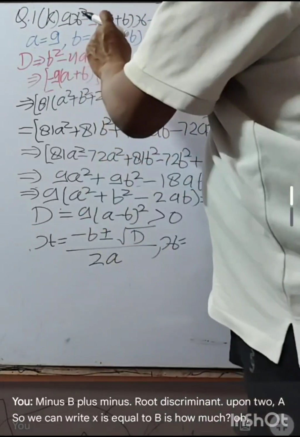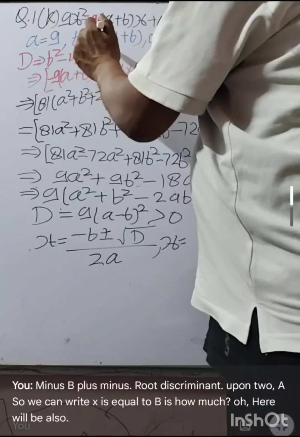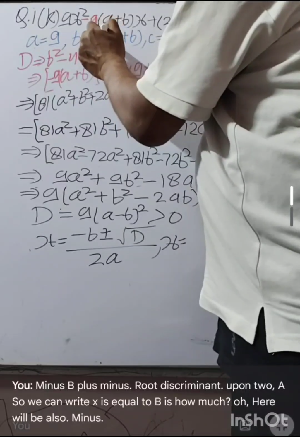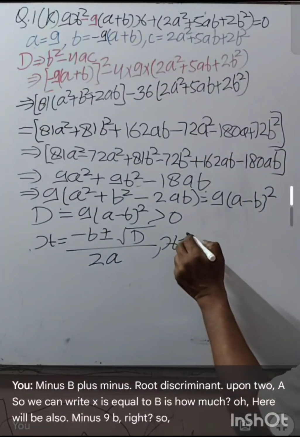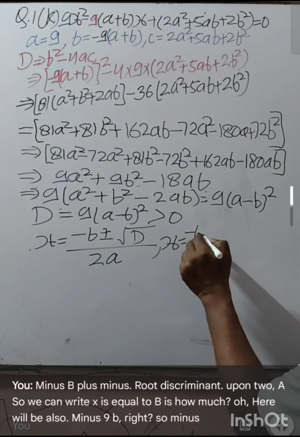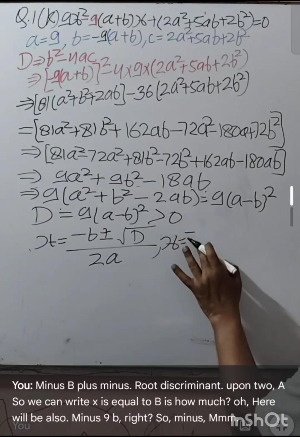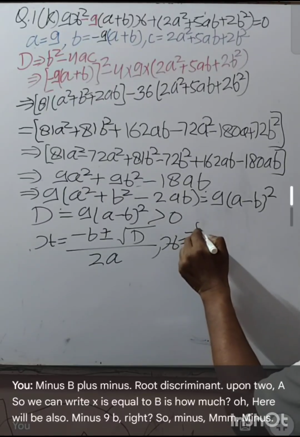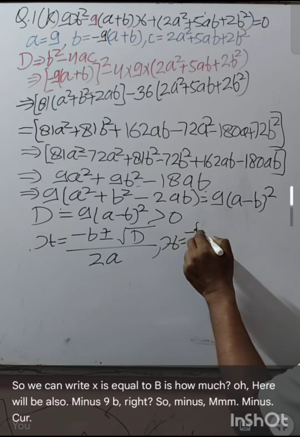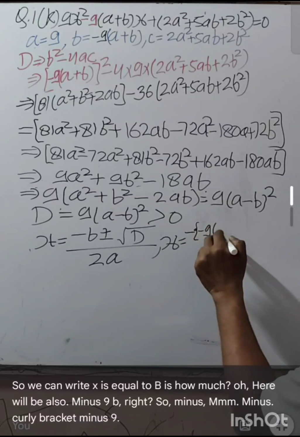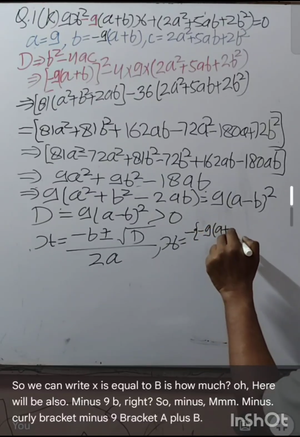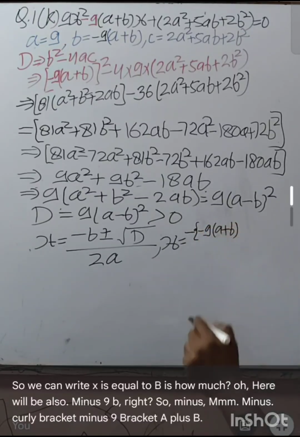Oh, here will be also minus 9b, right? So minus curly bracket minus 9 (a plus b), right?